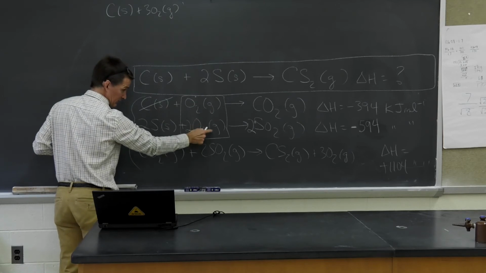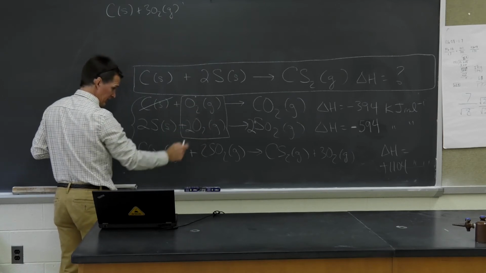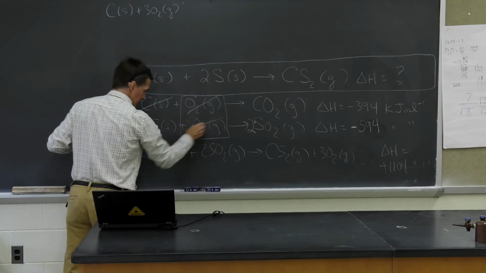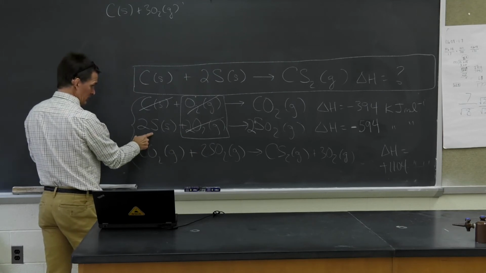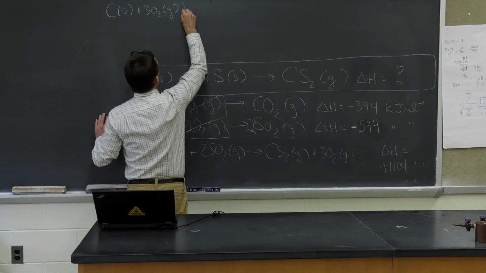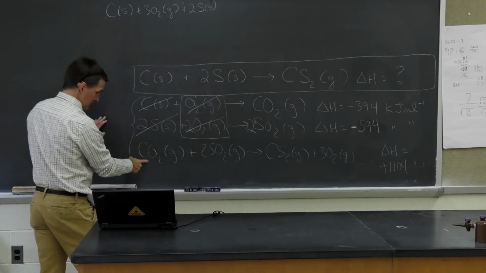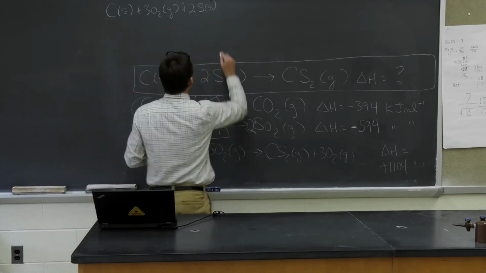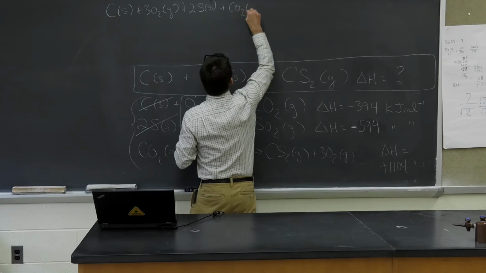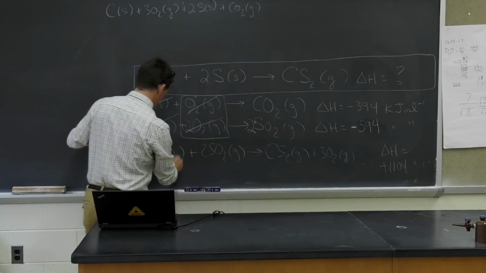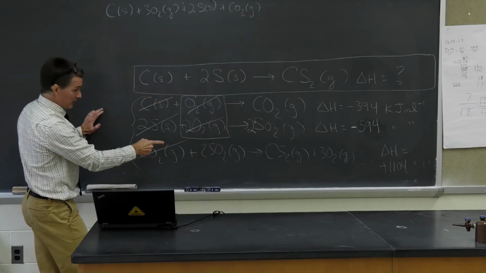I better check to make sure these are the same, so yes, I can add them. I took care of those. 2 solid sulfurs, a CO2 gas, and an SO2 gas, actually 2 of them.